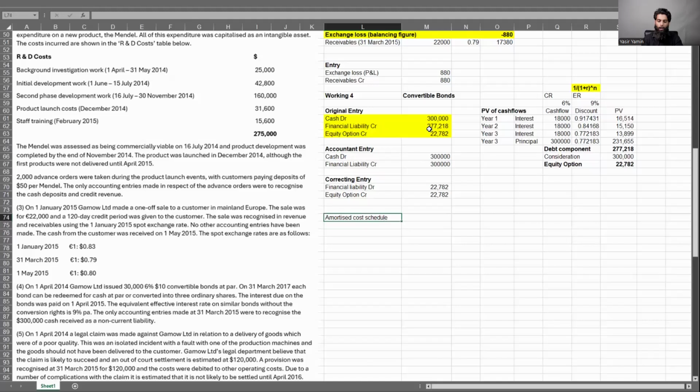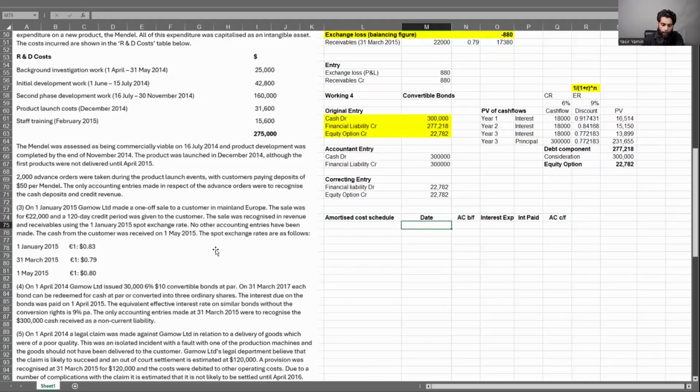And how do you prepare an amortized cost schedule? You have certain columns to prepare. There was date, amortized cost brought forward, then interest expense, then interest paid, and then amortized cost carried forward. Do you all agree?